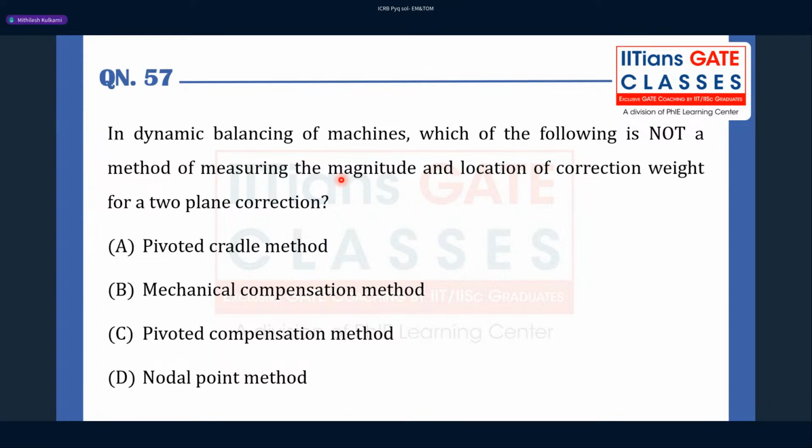You know that the methods which can be used for measuring the correction for two planes are the pivoted cradle method, which is correct, then the mechanical compensation method, and the last one is the nodal point method. The incorrect option in this case is the pivoted compensation method, since they are asking for a not a method, means you have to choose option C from this.